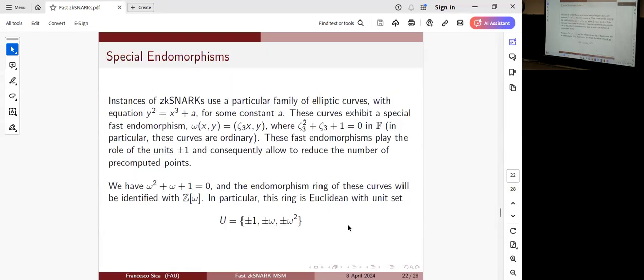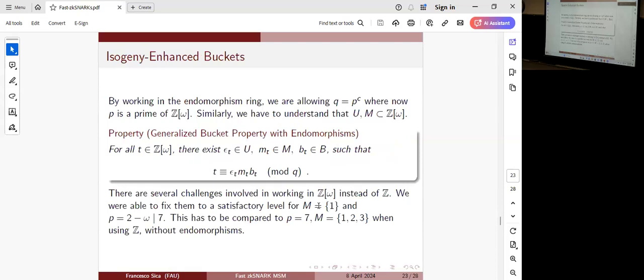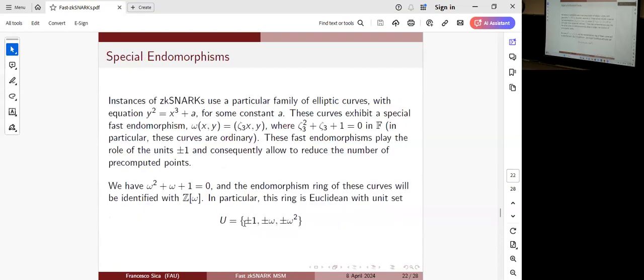And that's what we did, at least in this beginning. So in the beginning, we generalize. In fact, it's a Pippenger algorithm using these endomorphisms here. In this case, we take m equal 1, so the multiplier to be 1, and this epsilon to be any element in this unit group of the endomorphism ring.